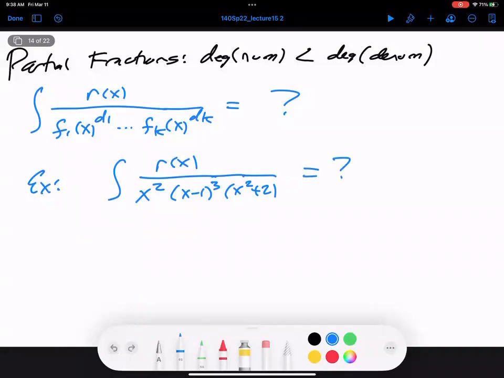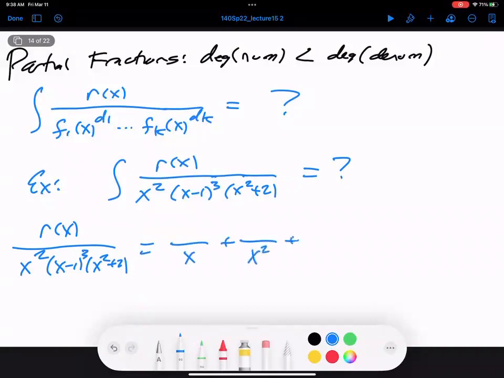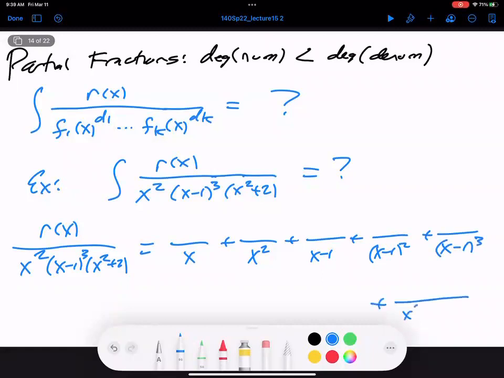What I want to do is write R of x over x squared, x minus 1 cubed, x squared plus 2, as something over x plus something over x squared plus something over x minus 1 plus something over x minus 1 squared plus something over x minus 1 cubed plus something over x squared plus 2. Those are all the possibilities.